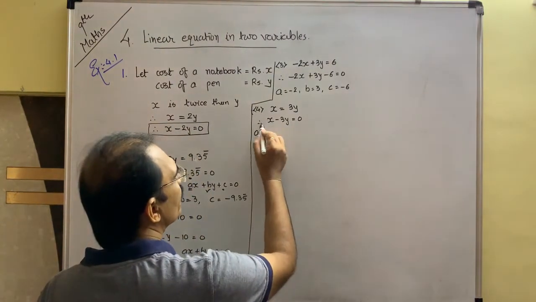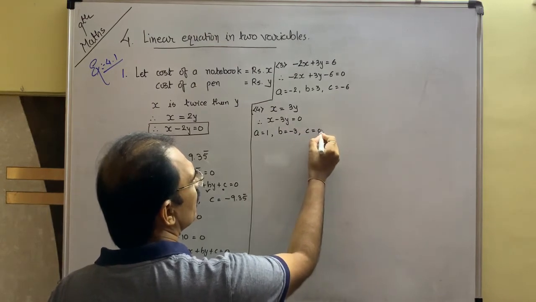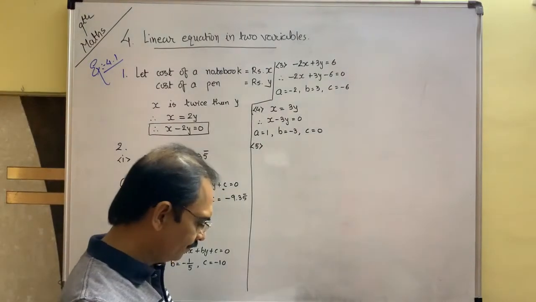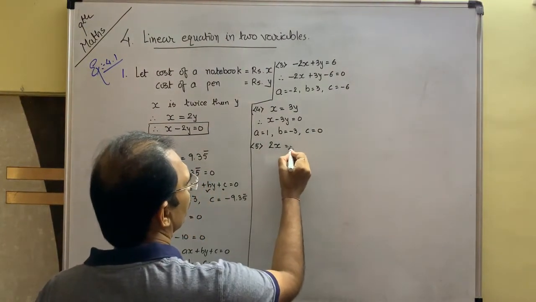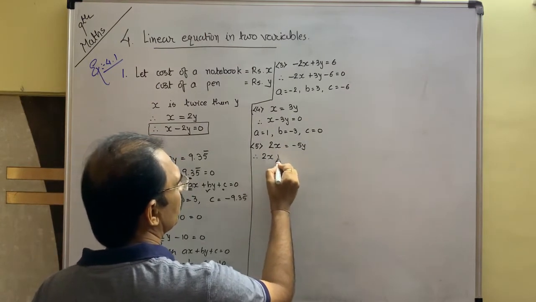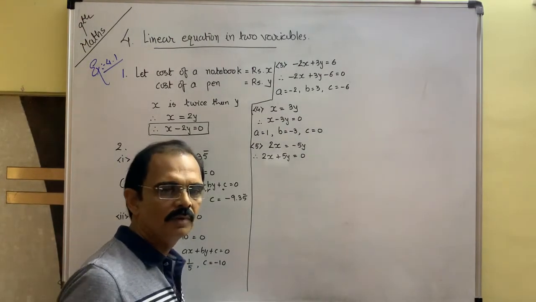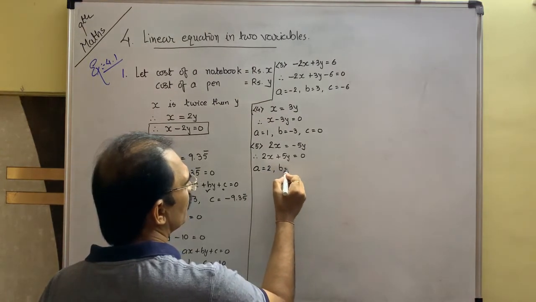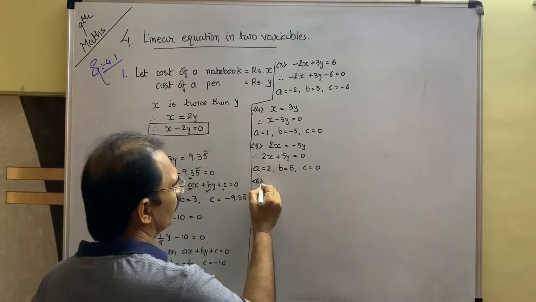A equal to coefficient of x, that is 1, b equals to minus 3 and c is not given, that means c equals to 0. 5 number, 2x equals to minus 5y. Take minus 5y other side, so 2x plus 5y equals to 0. Again compare with standard form. Find out the coefficient. A equal to 2, b equal to 5 and c equals to nothing, means 0.